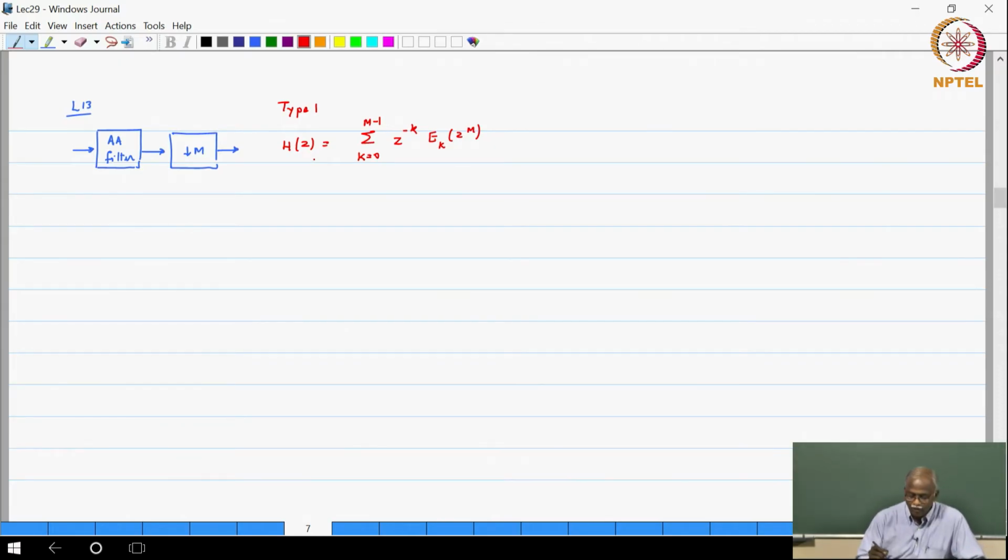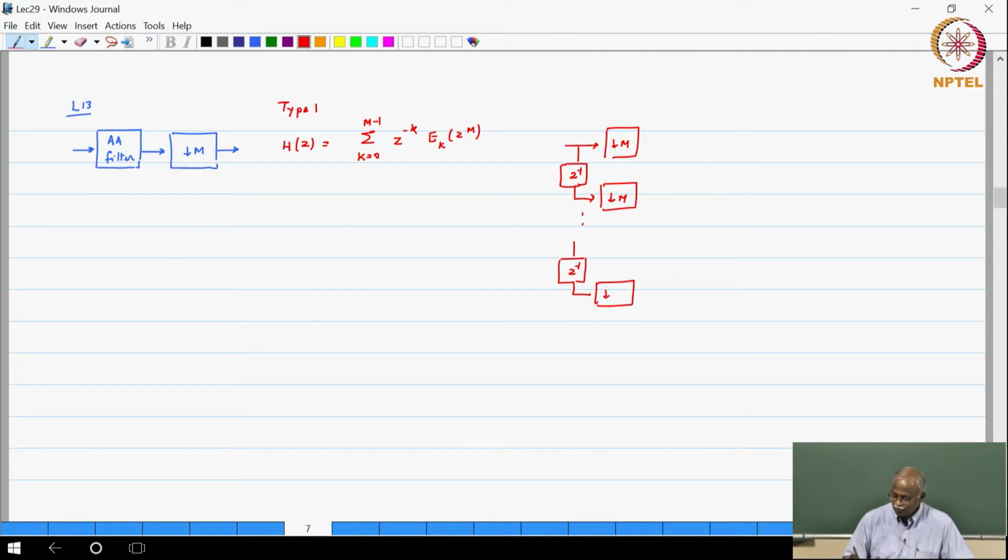What we should get, the equivalent structure for this should be downsampling by a factor of M, delay, downsample by a factor of M, dot, a delay, downsample by a factor of M. This would be E0 of z, E1 of z, again all the arrows are pointing to the right.